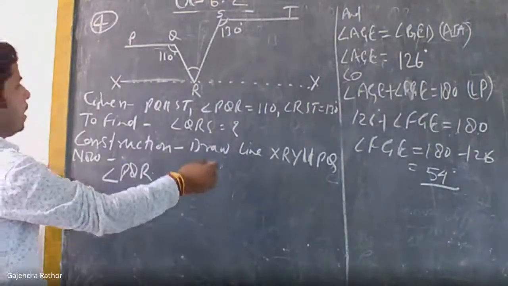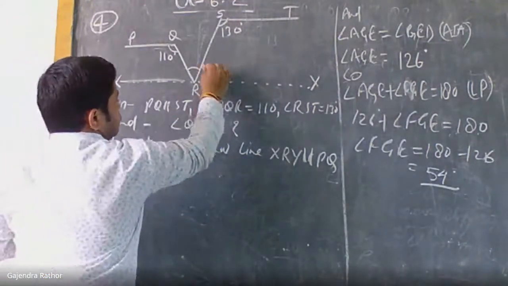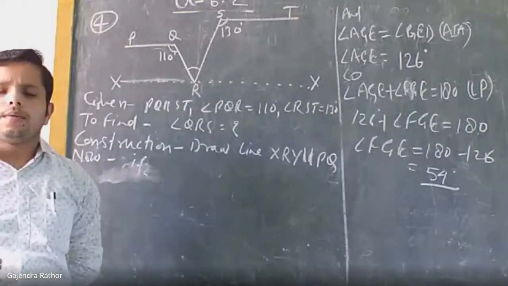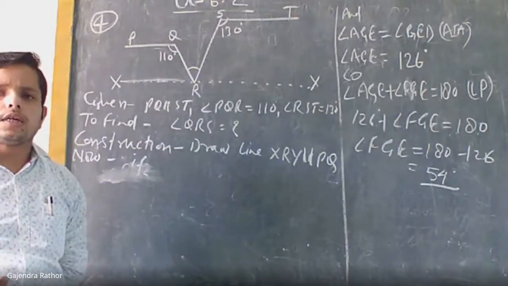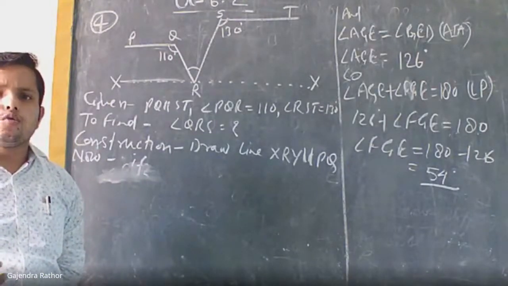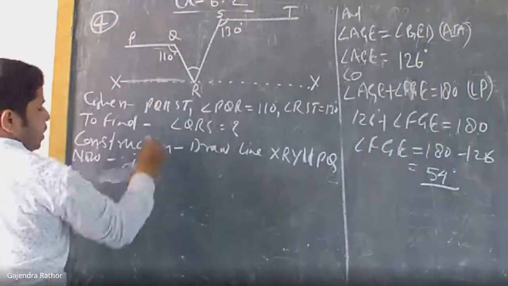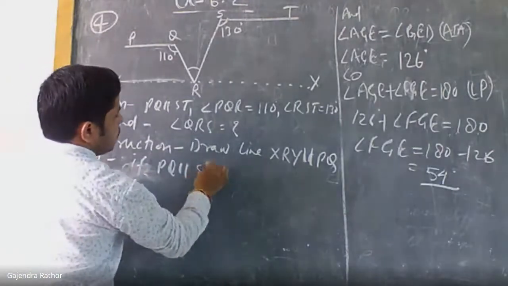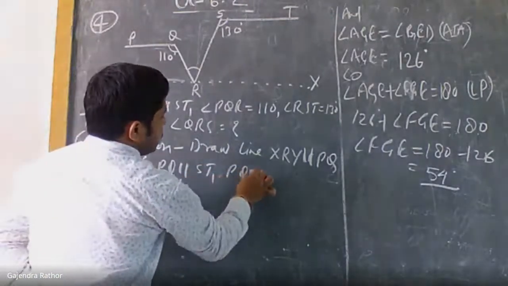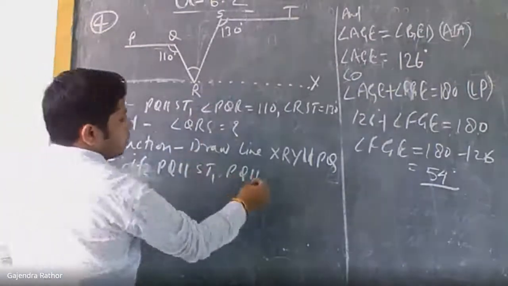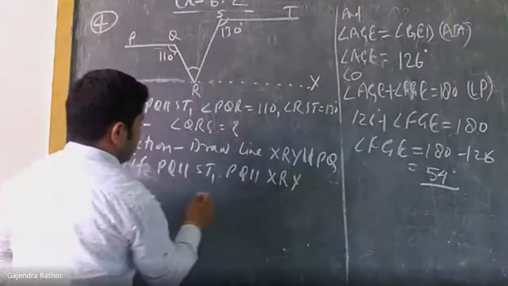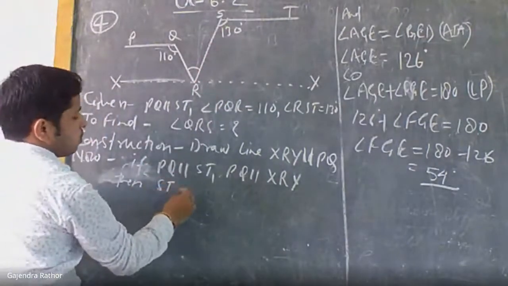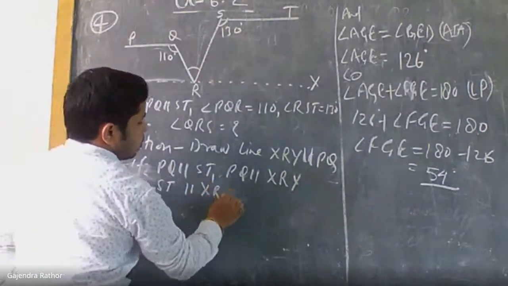Now, first this angle. We know that if two lines are parallel to a third line, then they will also be parallel to each other. So if PQ is parallel to ST and PQ is parallel to XRY, then ST is also parallel to XRY.